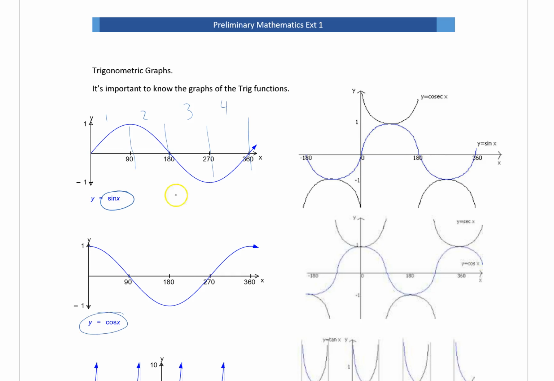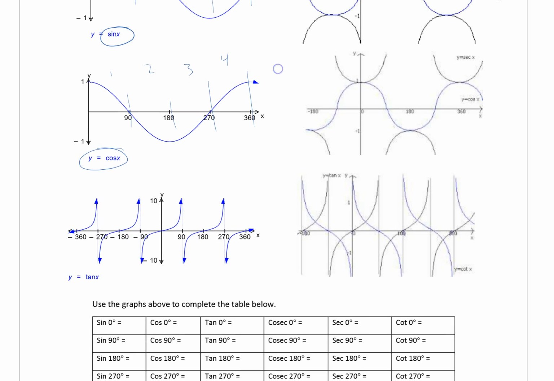Cos, we said that, again, this is quadrant 1, this is quadrant 2, this is quadrant 3, this is quadrant 4. We know that cos is positive when our graph is above the x-axis, in the positive y values. And we know it's positive in the first quadrant. Second quadrant, it was negative. Third quadrant, it's negative. And it wasn't until the fourth quadrant that cos became positive.